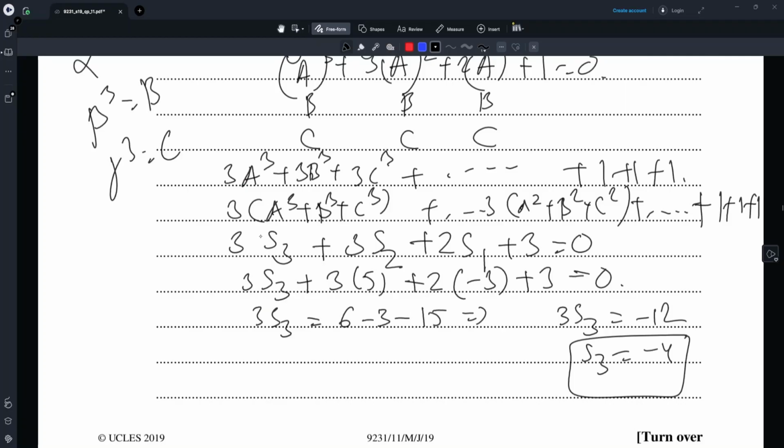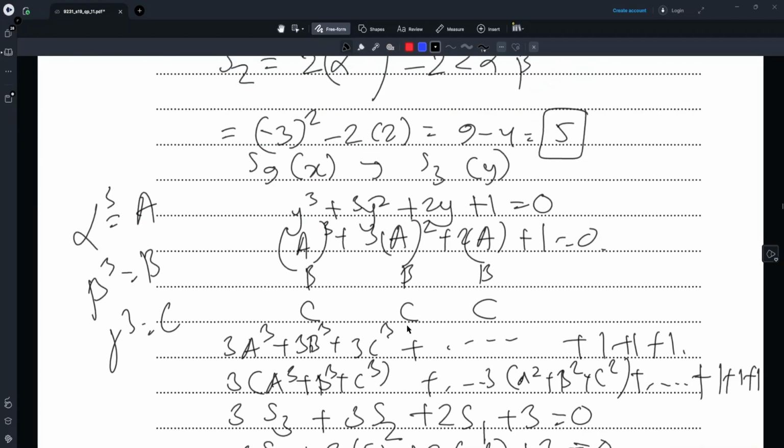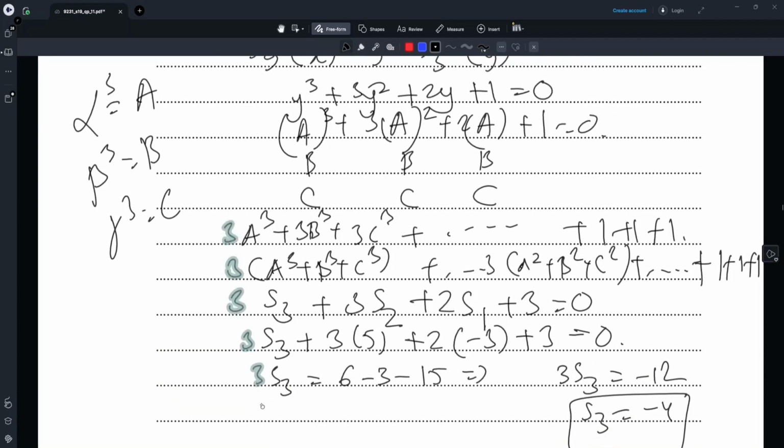It's not 3 S3. Accidentally I wrote 3. It's supposed to be just 1. Silly mistake. So it is y cube, not 3y cube. If it was 3y cube, then it would have been that. So this is my answer.